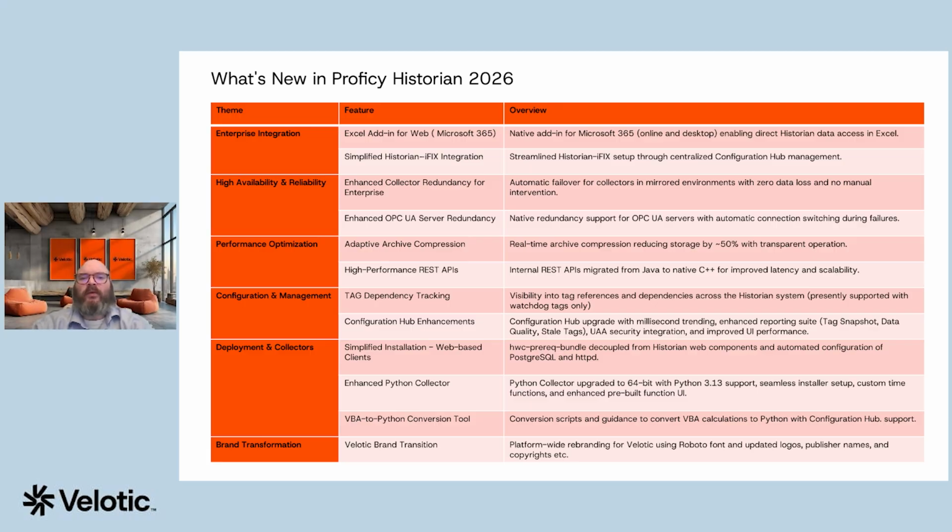And if you're using more than one Proficy product as well, it makes sense that you would want to use Configuration Hub. So making sure that the Historian portion of that is the easiest to use gives you the best availability with millisecond trending and enhanced reporting. It's really great. Simplified installation, right?